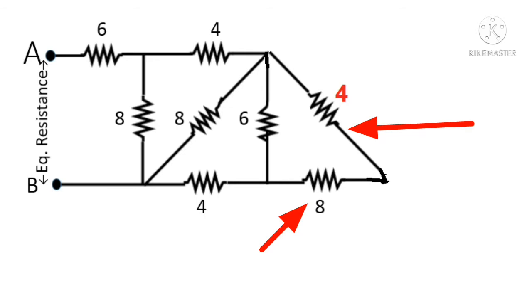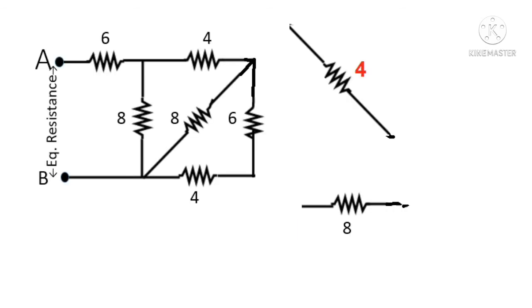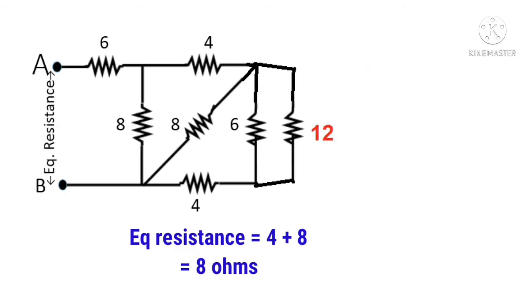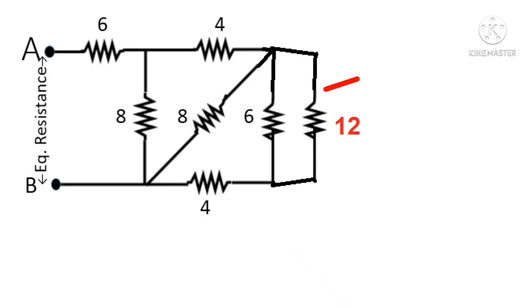Now the 4 ohms resistor and 8 ohm resistors are connected in series. Okay, so these can also be replaced by equivalent resistance. Now 6 ohm and 12 ohm resistors are combined in parallel.